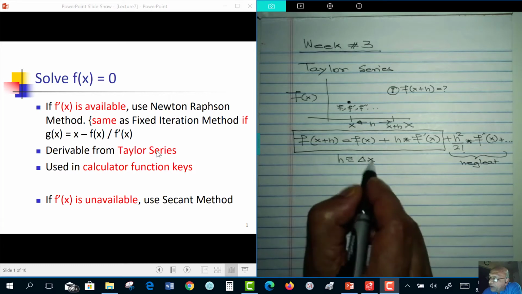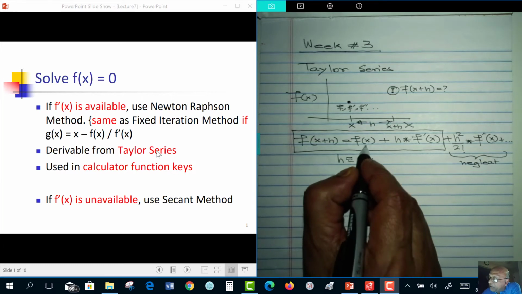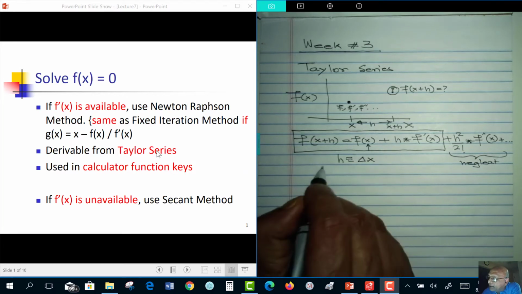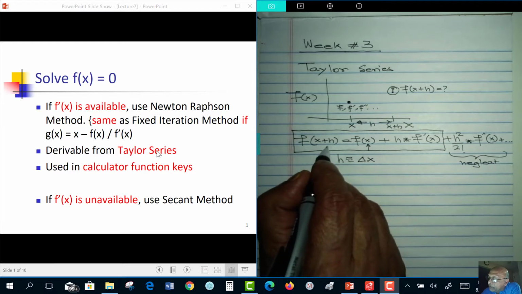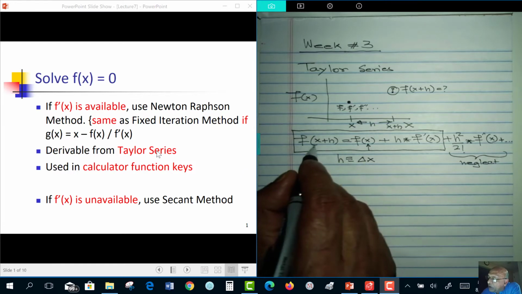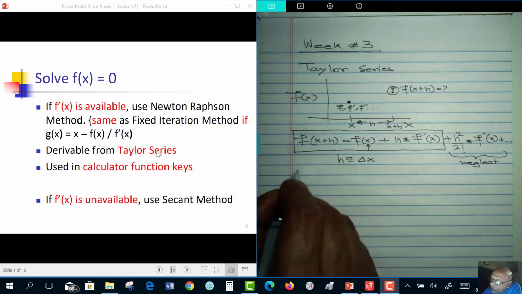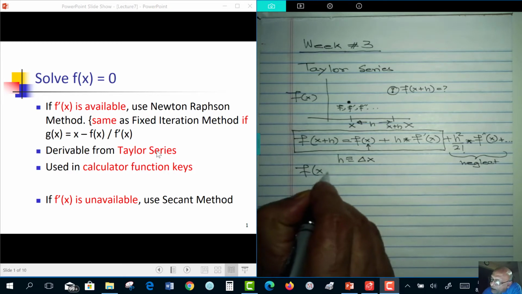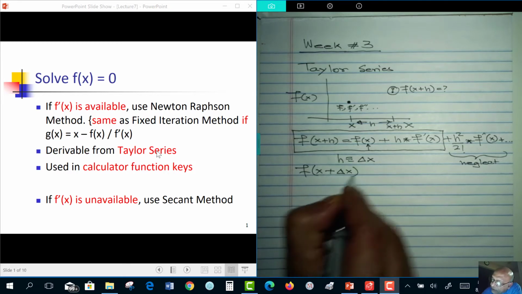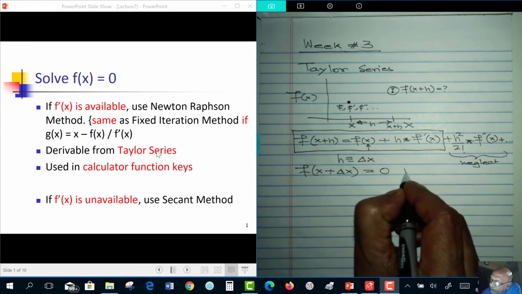We want to find out delta x: the first time we made a guess x, next time when we want to make a new guess, we want f at x plus delta x to be 0. That's what we want.